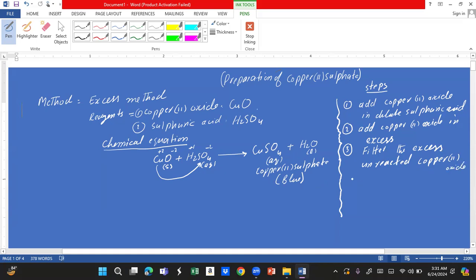After the removal of unreacted copper oxide, we will take the filtrate. The filtrate is copper(II) sulfate.